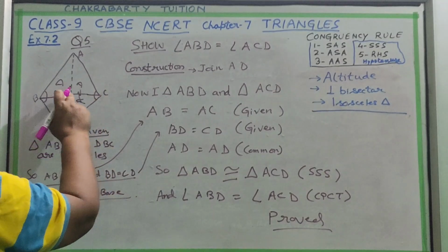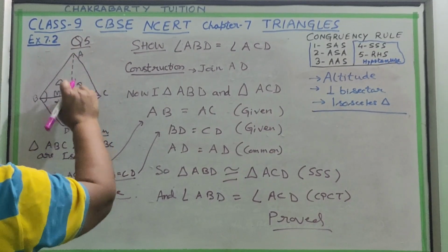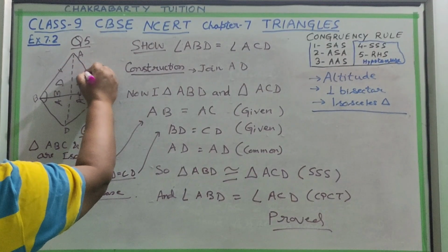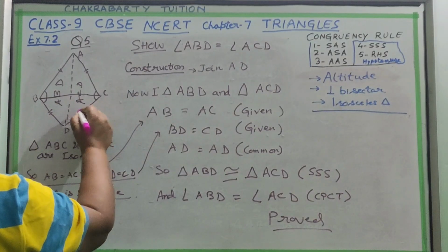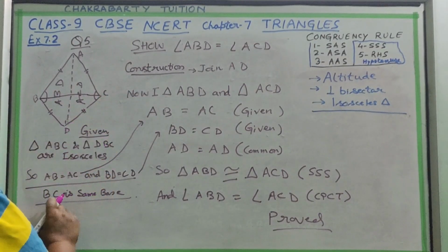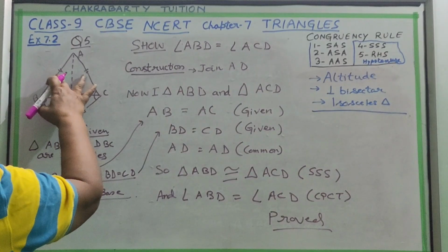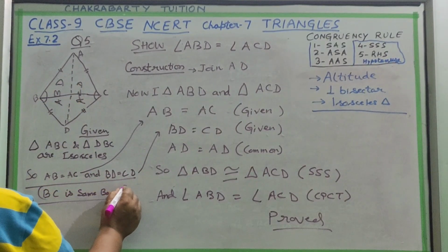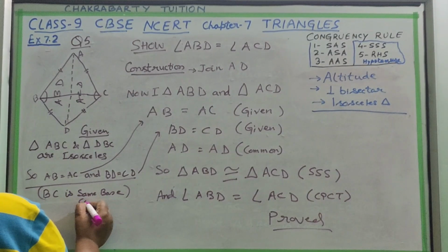It is common to both the triangles, given in the question before our construction. So this line will be equal to this line, it is a common line. Just to justify, this is given.